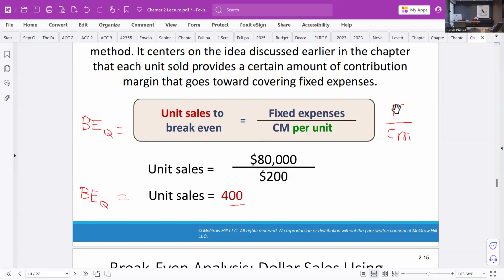Break-even Q is the fixed expenses divided by the contribution margin per unit. And again, the contribution margin per unit is the price minus the variable expenses. So that's how we can quickly and efficiently calculate the break-even point.